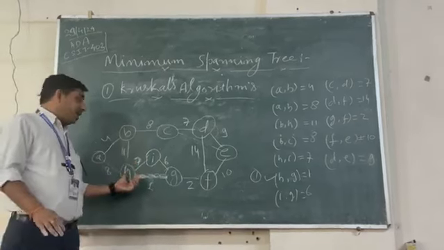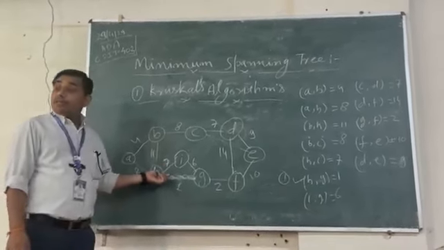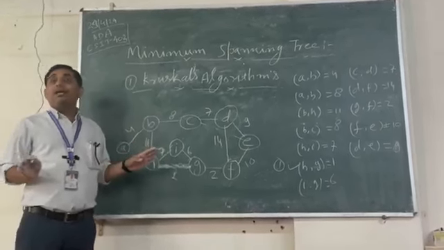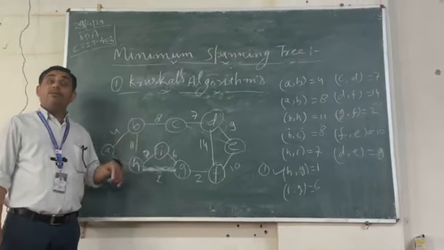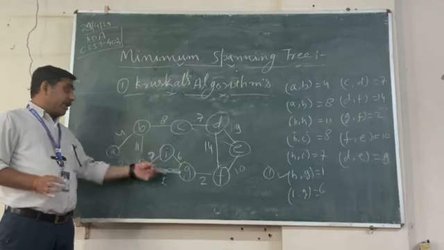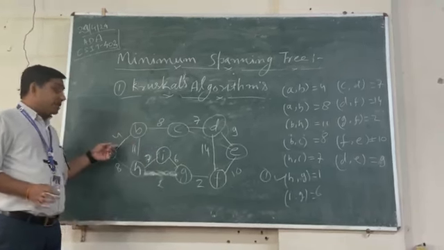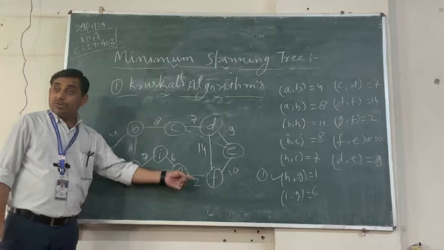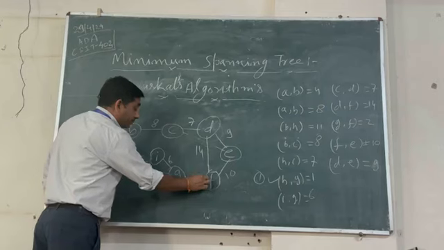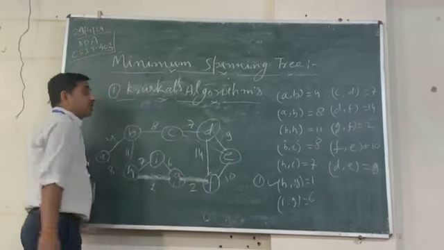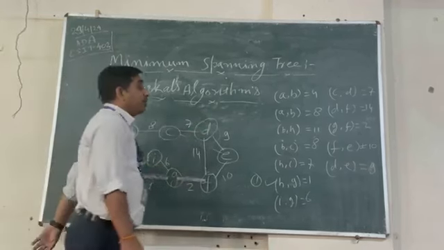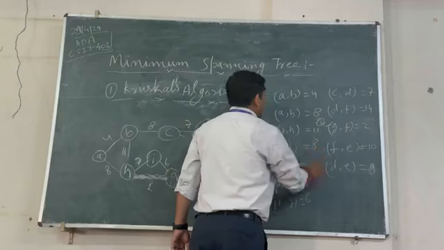There is no limitation that the edge must be connected to the already selected ones. So which one is minimum? 2 is minimum, between G to F. So we will select this one, G to F. This one is second.